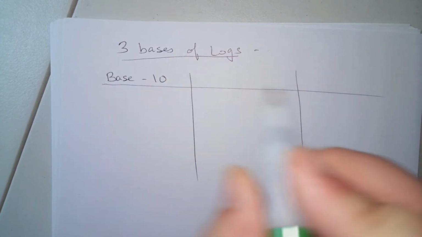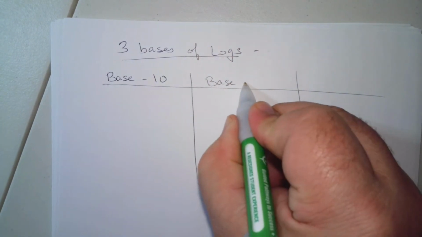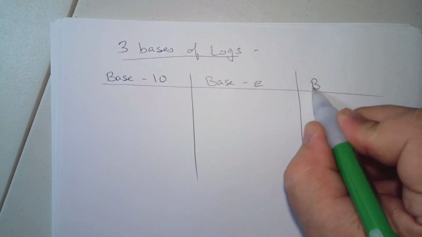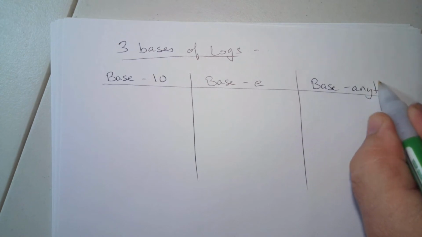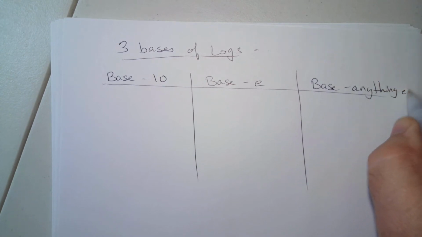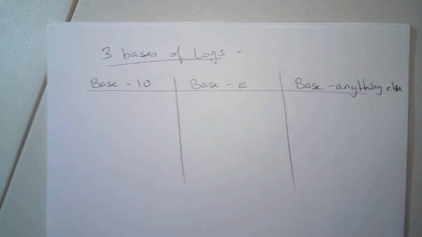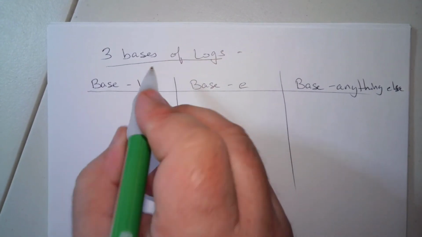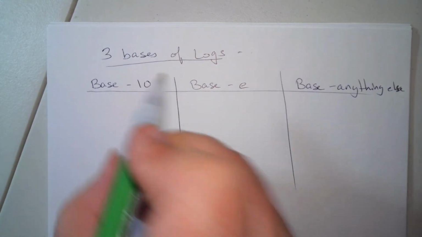If we had base 10, base e, and base anything else. All right, so if we had log base 10, think about it. Our counting system, we have a decimal counting system. That's base 10.